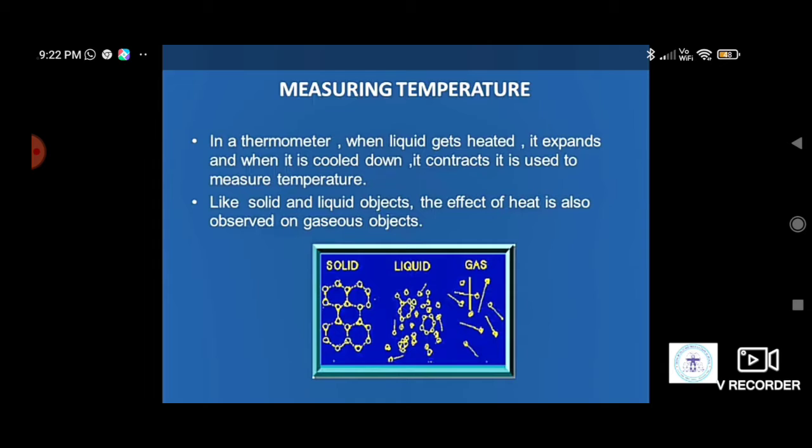Like solid and liquid objects, the effect of heat is also observed on gaseous objects when measuring the temperature. So this is solid, liquid and gas.